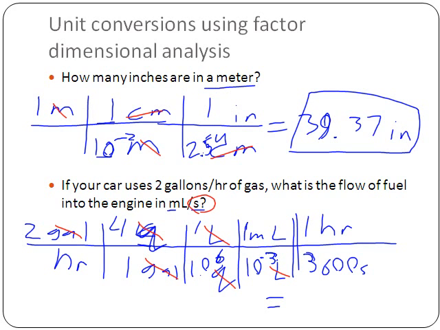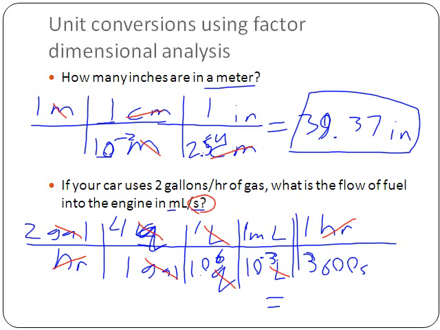And once we've got that, we can solve this out. Looking at our units quickly, we had hours on the bottom, which cancels hours on top. The only existing units that remain are milliliters and seconds, so it's milliliters per second. So let's see how much gas we're using here coming to the engine. Starting on the top, we have 2 times 4 times 1 times 1 times 1, multiplying everything on top. Now we want to divide what's on the bottom.